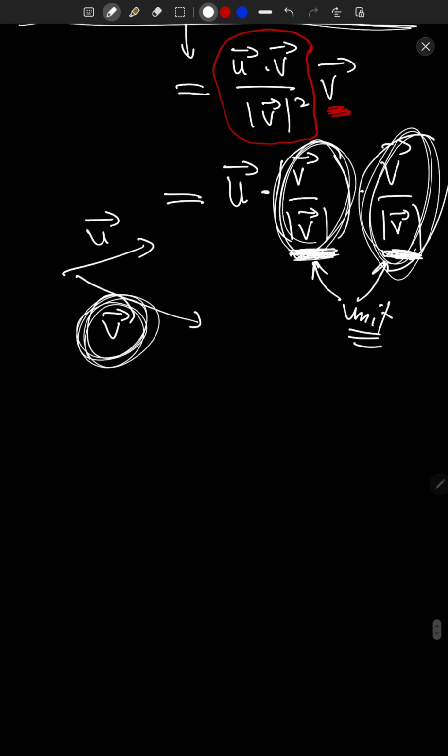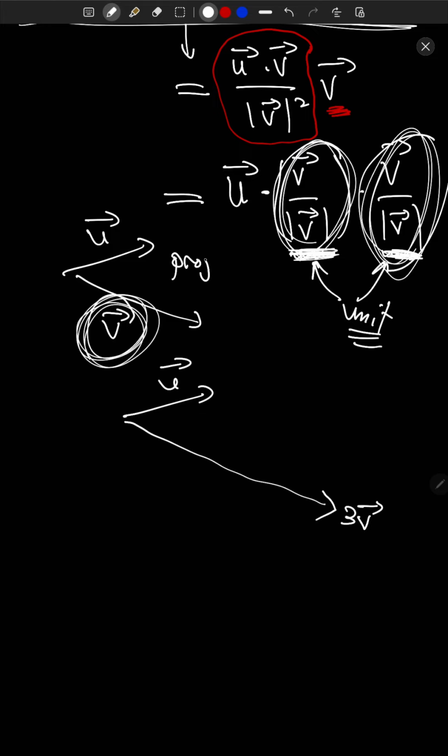What that means is, when I calculate u dot v for these two vectors, and then take the same u and dot it with a vector in the same direction as v but longer, let's say 3v, the projection of u onto v is going to be equal to the projection of u onto 3v.